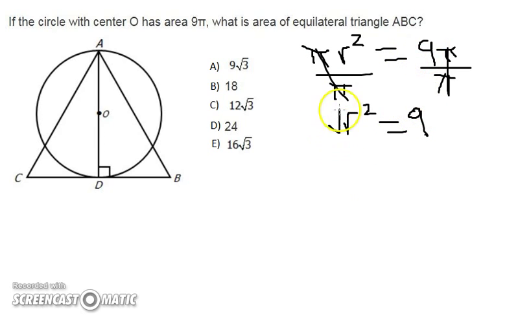If you take the square root of both sides, you get r equals 3. So the radius of this circle is 3. That means the diameter of the circle is 6, which is the distance from here to here. That's 6.